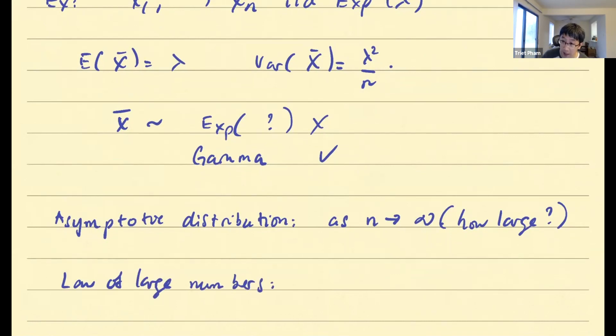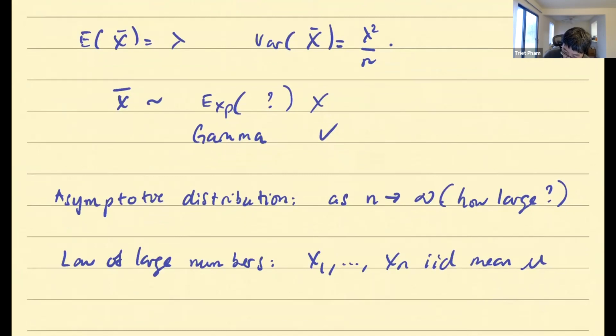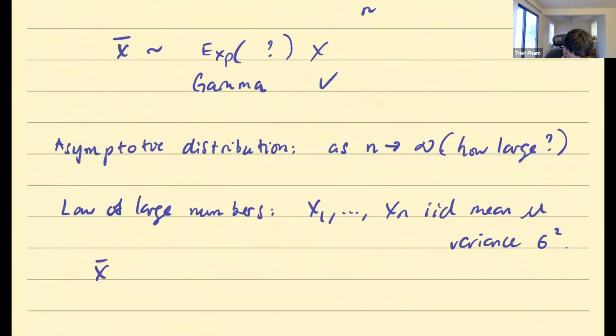Which says that, exactly in our context, if X1 up to Xn are IID with mean mu and variance sigma squared, then X bar is very close to mu as n goes to infinity. You could say that X bar goes to mu as n goes to infinity. Okay, so be careful, all right?